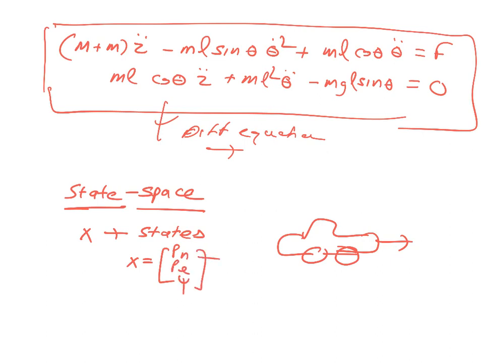That is the north position, east position, and the heading. If my car is moving in this direction with the velocity vector, this is P north, P east, and this is the heading with respect to the north. So these three states I have chosen define my system and the trajectory of the car. So that's the first important thing.